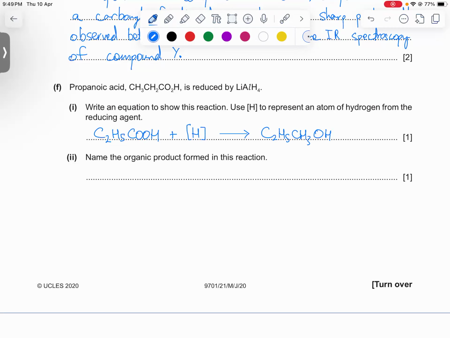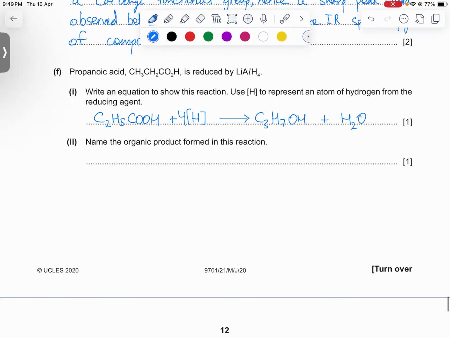Let's write it as C3H7OH. Okay, if you count the hydrogens, 5 and 6, and over here 7 and 1, 8 hydrogens, and then one oxygen is also reduced. That oxygen makes water. So a total of 4 hydrogens are required to reduce it completely. Okay.